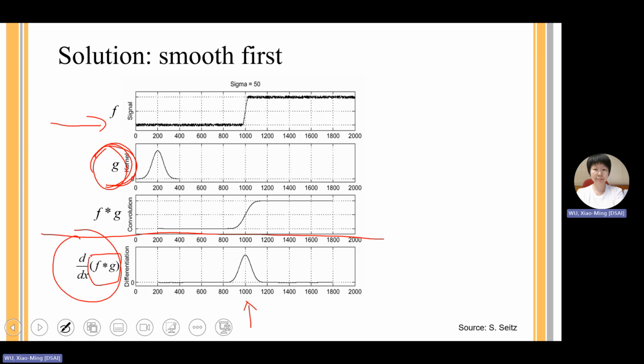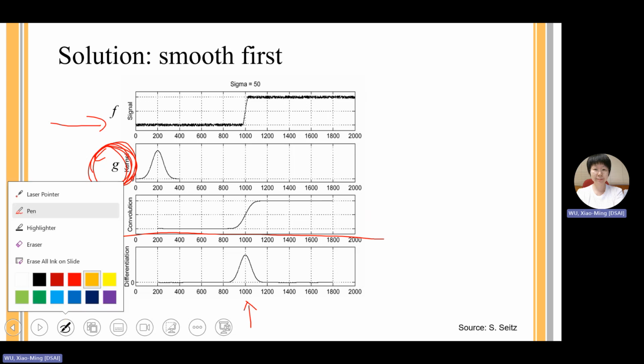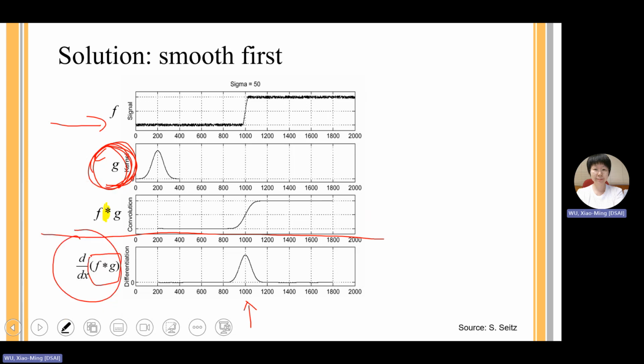Given an input signal f, we apply the Gaussian kernel. This operator represents convolution. We convolve the input signal f with G, the Gaussian kernel, to smooth the function.